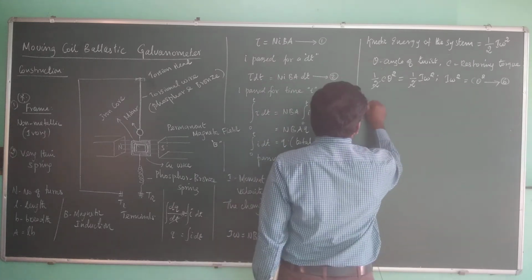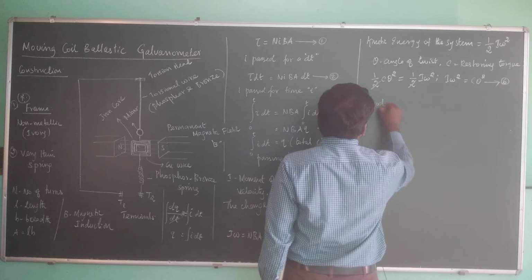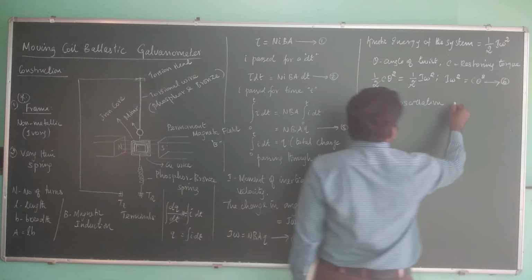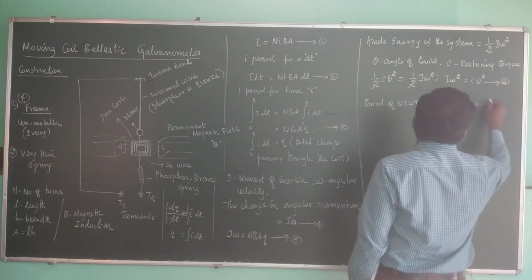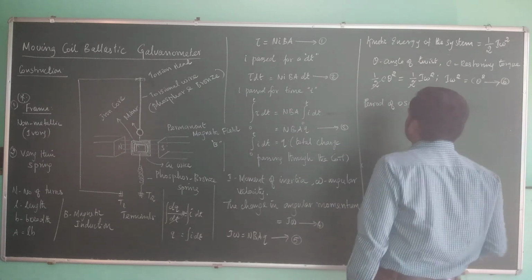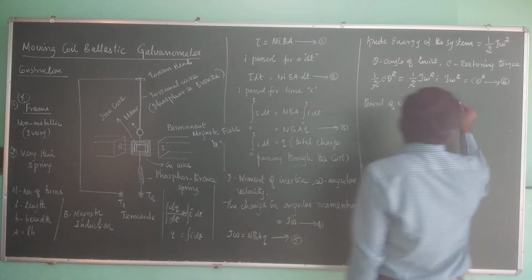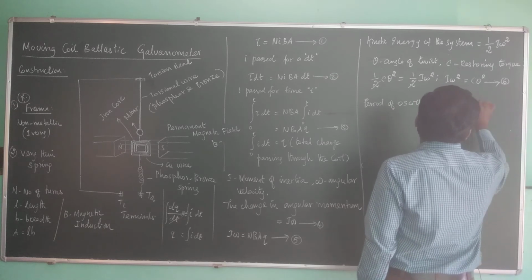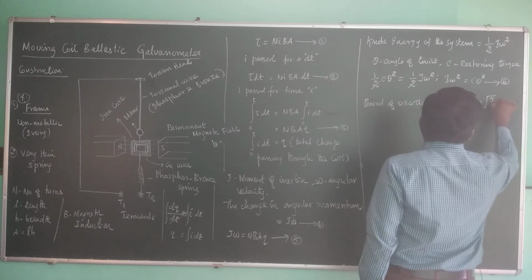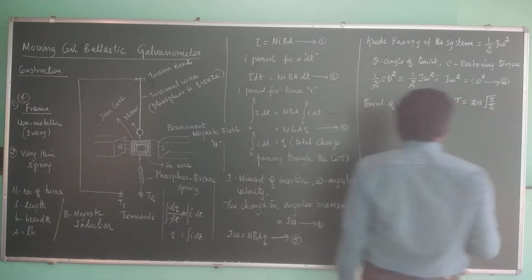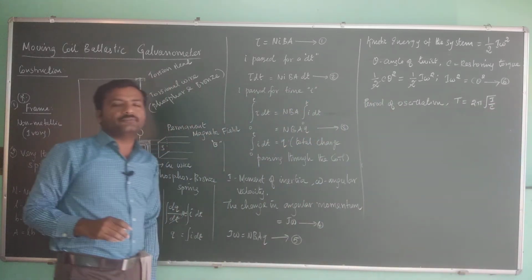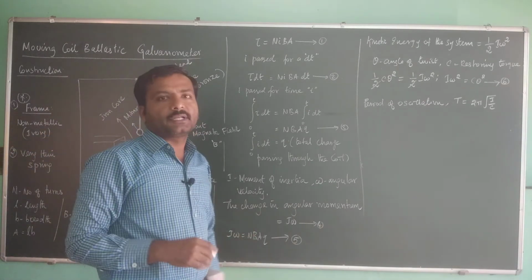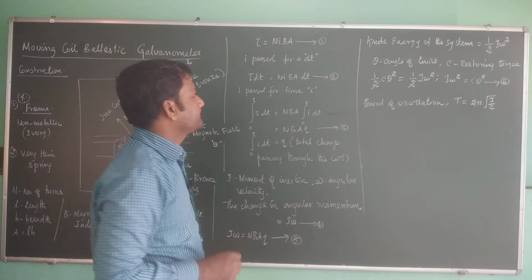So for the period of oscillation of the simple pendulum, you can apply the same analogy here. The period of oscillation T is equal to 2 pi square root of I by C. In this equation, I is the moment of inertia, C is the restoring couple, the twisting couple per unit twist.